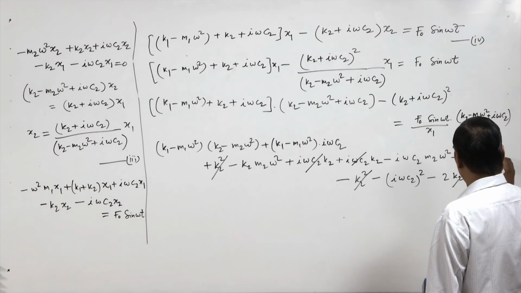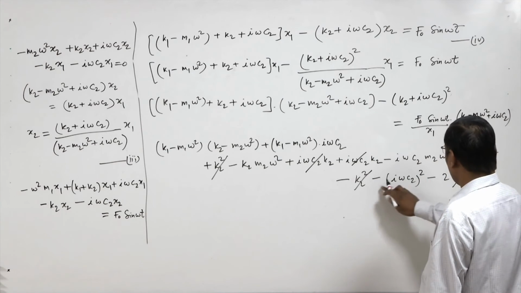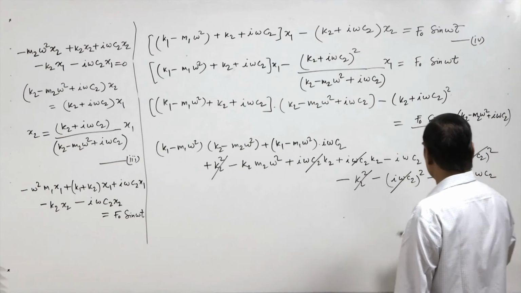Moreover, i omega c2 whole square plus and i omega c2 whole square minus, they will also cancel out.